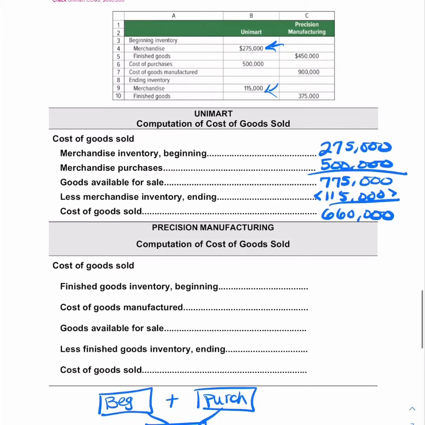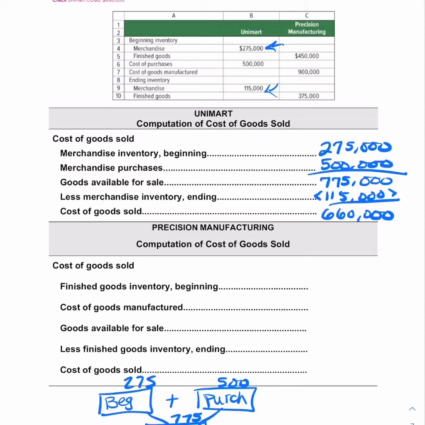It can't just stay in this intermediate inventory position for eternity. It has to move. So it either stays on in ending inventory for the end of this period and hopefully will be sold next period, or it goes to cost of goods sold. That's it. That's all we need to know. So in this case, all we're saying is we're going to take that beginning inventory balance of $275, those merchandise purchases of $500, which gives me a balance of $775.